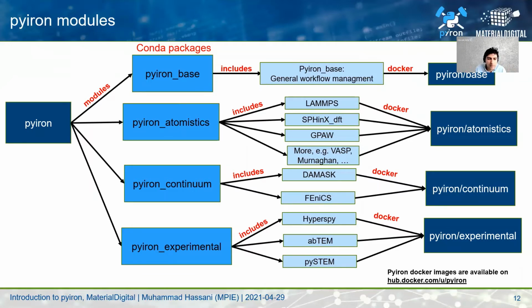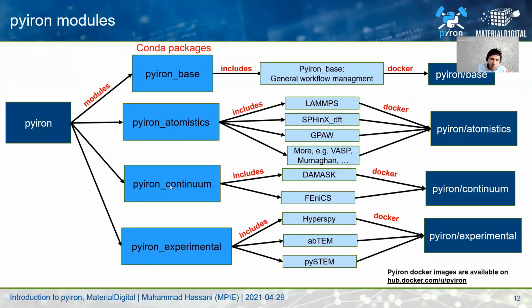You can separately install one or multiple of them as it suits your workflow. Pyiron base includes the general workflow management classes, and all the other modules are built on top of Pyiron base.